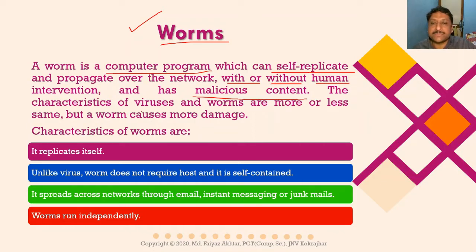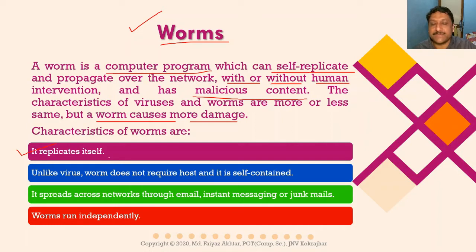Malicious content means content which can damage your computer. The characteristics of virus and worms are more or less the same, but a worm causes more damage. How can we determine that it is a worm attack or a virus attack, and what are the characteristics of worms? Let's see here. First and foremost work of a worm is it replicates itself.